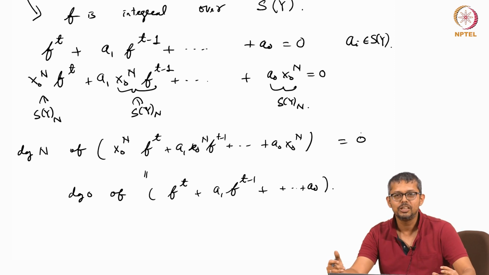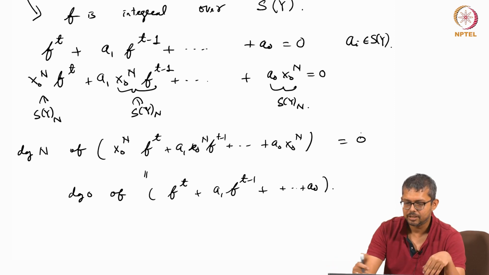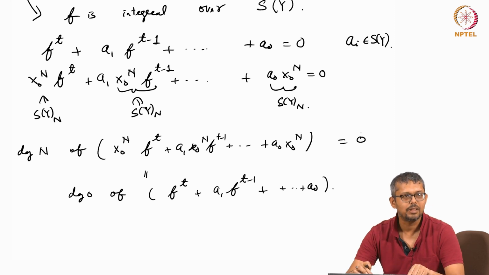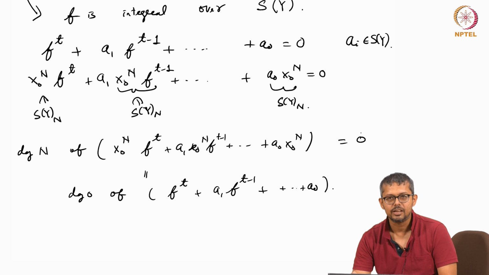After all, it is a homogeneous polynomial in S_Y, this whole thing after multiplying. So I am taking the degree n part of that, and that should be equal to 0. So degree n of this is nothing but degree 0 of this.